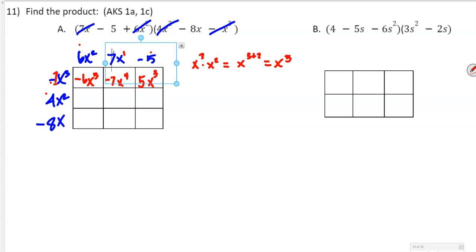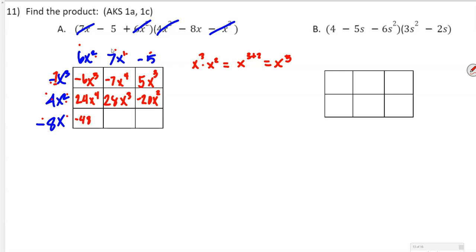6 times 4, that's 24. And 2 plus 2 is 4, so that's x to the fourth. 7 times 4 is 28. 2 plus 1 is x to the third, right? Negative 5 times positive 4 is going to be negative 20, and that's still my x squared. All right, here we go. 6 times negative 8 is negative 48.